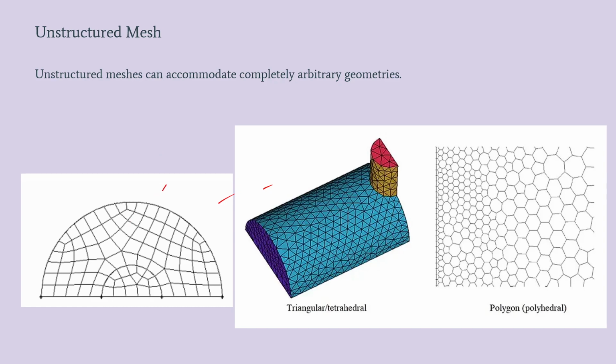Here there are a lot of quadrilateral elements, here triangular or tetrahedral elements are used, and here it is polygonal elements. You can see almost all elements differ from each other in this type of mesh. In the example itself, it is showing curved surfaces. Curved surfaces are mostly and easily meshed with unstructured mesh.